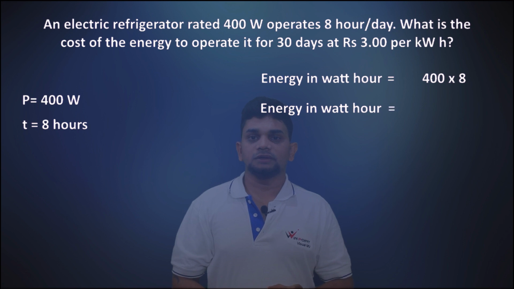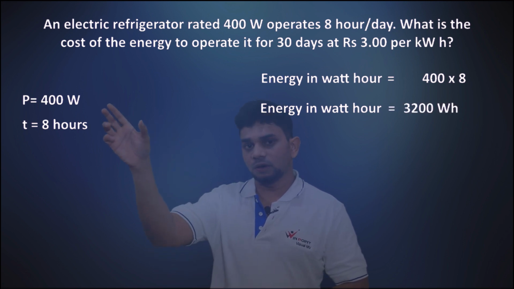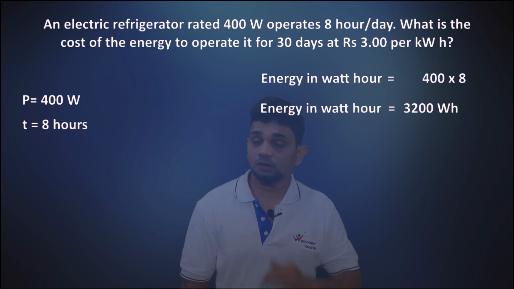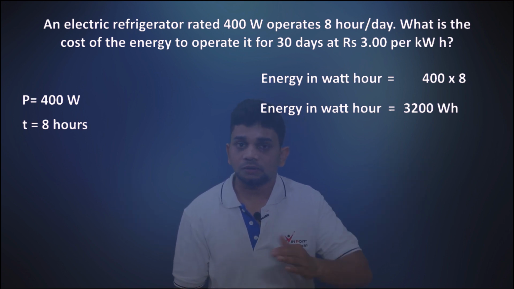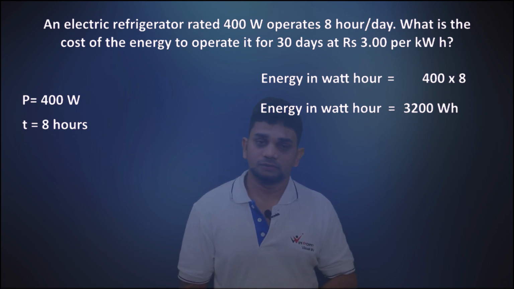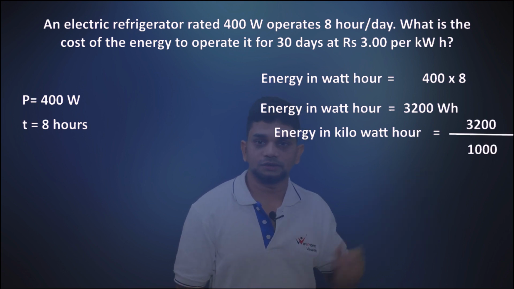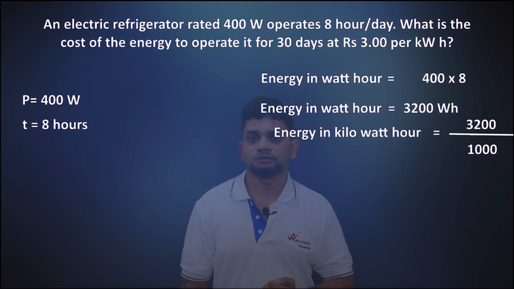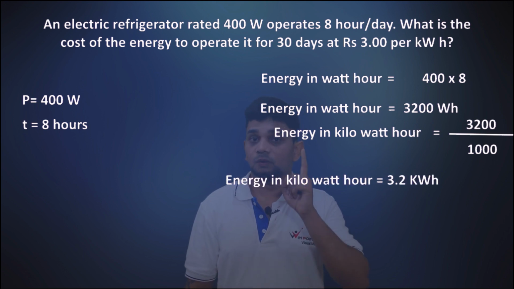Energy in watt hour is 3200 watt hour. Now we are going to convert this energy in watt hour into kilowatt hour. How can we convert? Divide by 1000. Energy in kilowatt hour is equal to 3200 by 1000. Now the value will be 3.2 kilowatt hour. It is for 1 day.